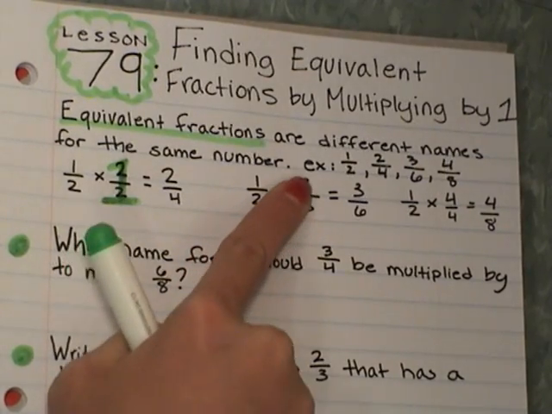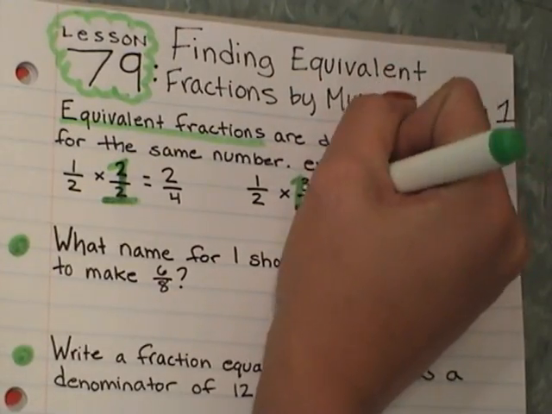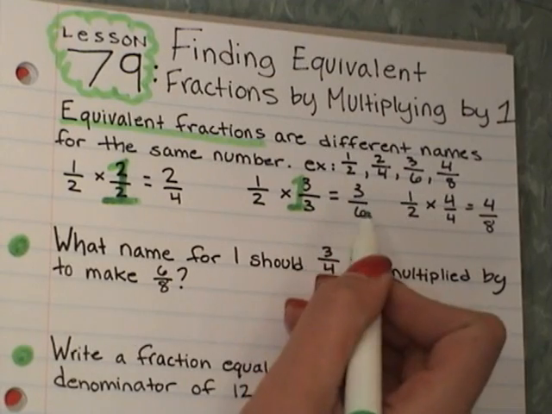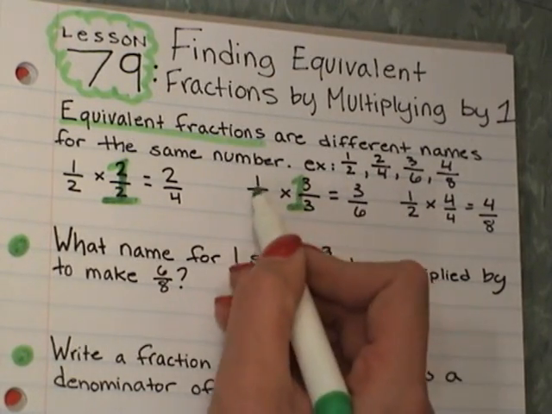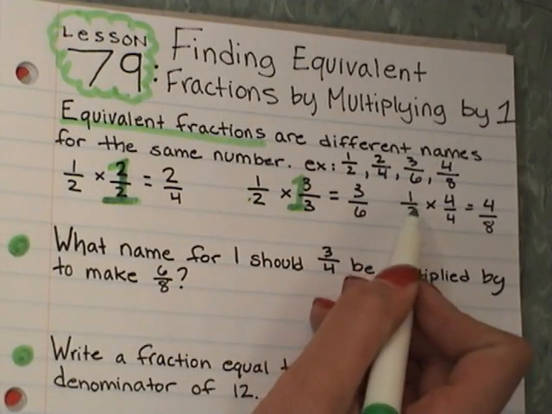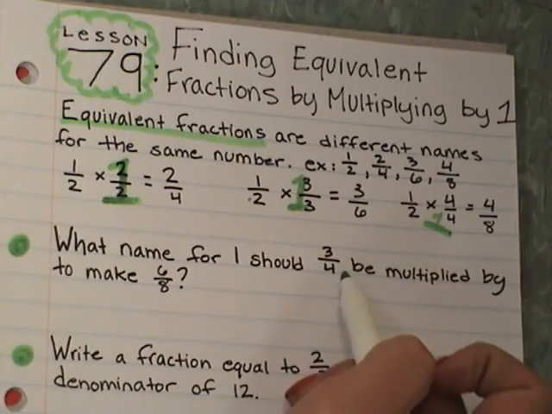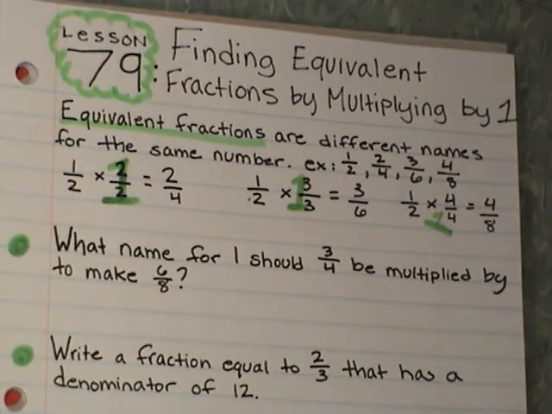And I multiplied it by 3/3, which really is 1. 3 times 1 is 3. 3 times 2 is 6. I had 6 pieces, and I had 3 of them, which is equal to 1/2. And I did it again. I multiplied by 4/4 because this really equals 1. And when you multiply, 4 times 1 is 4, 4 times 2 is 8. It is still equal to 1/2.